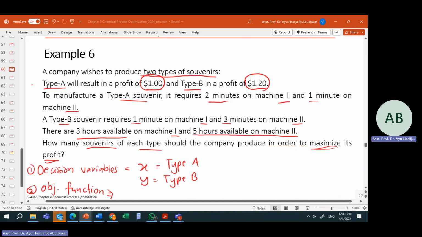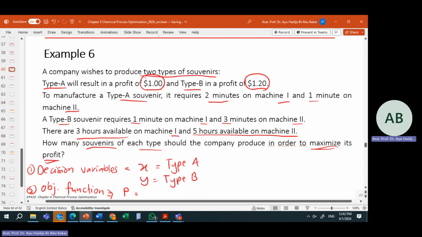So what do you want to maximize? The profit, based on your decision variables. So P equals, type A is X, type B is Y.